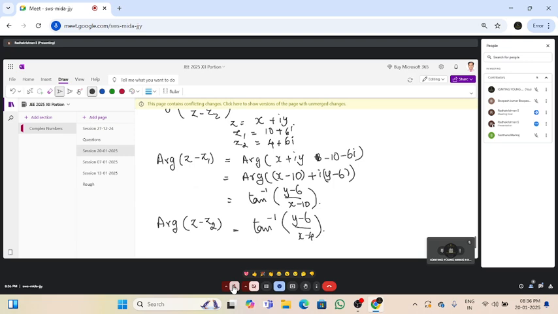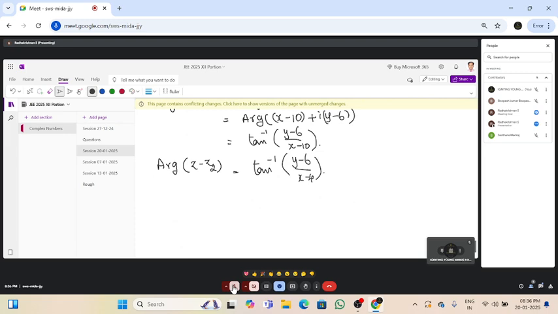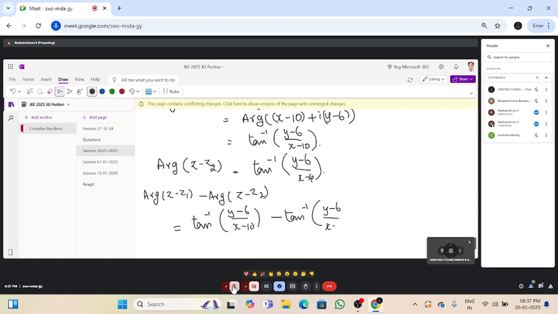Now we have the equation: arg of z minus z1 minus arg of z minus z2, that is equal to pi by 4. This is equal to tan inverse of... now what is the formula for this?